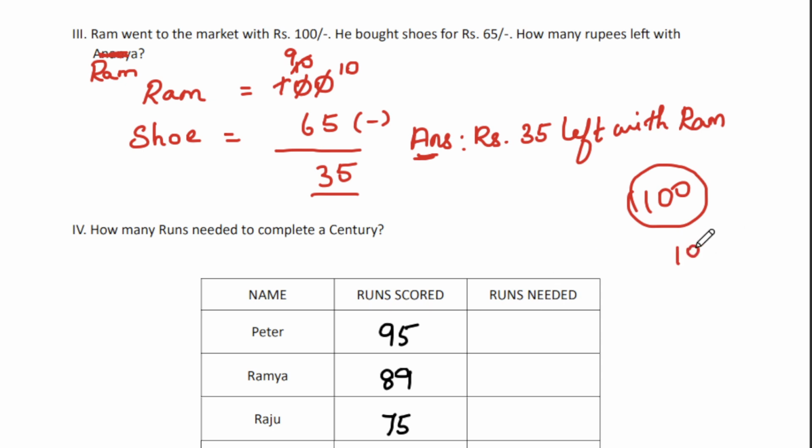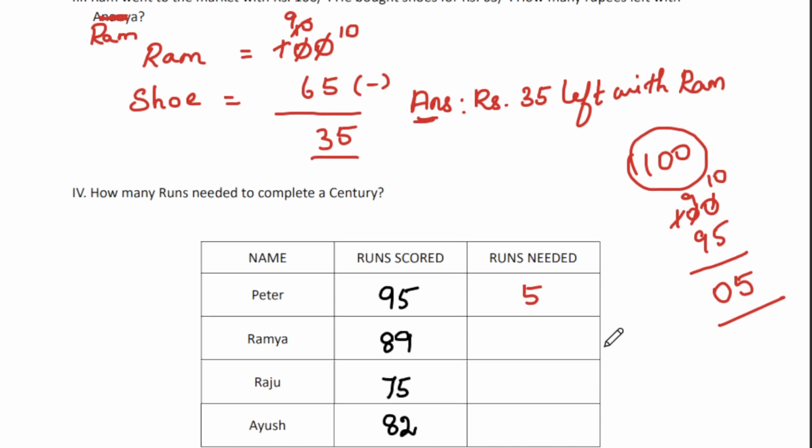So 100 minus 95. If you borrow here, this becomes 9 and this becomes 10. So 10 minus 5 is 5. 9 minus 9 is 0. So 5 runs. 95 plus 5 is equal to 100. So Peter needs 5 more runs to get 100.